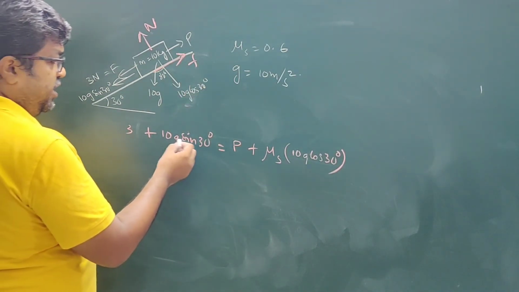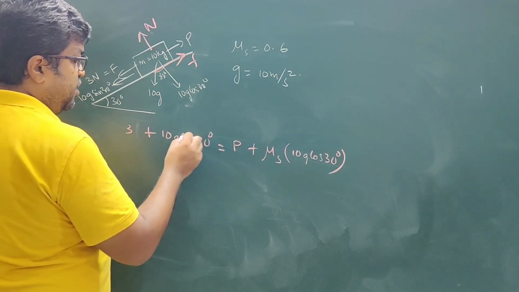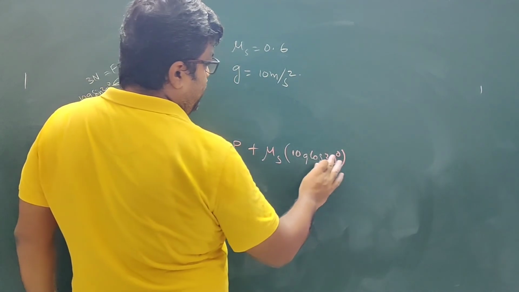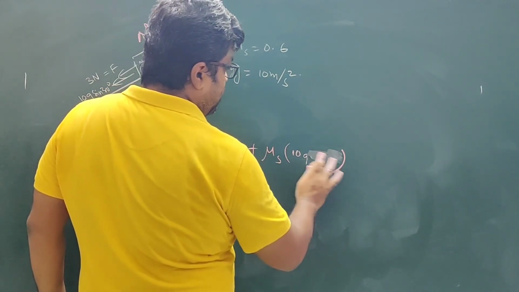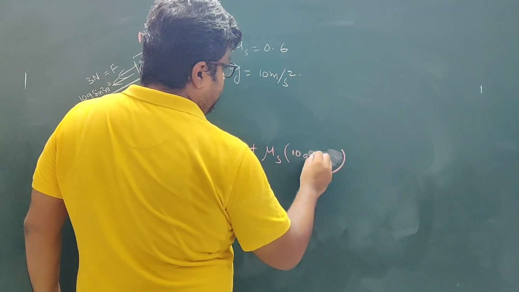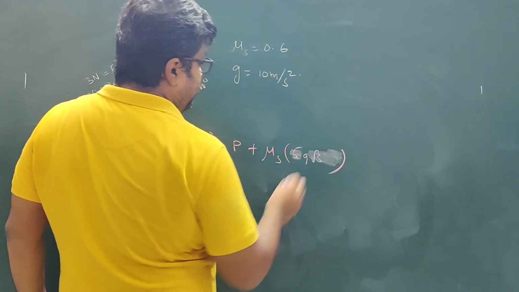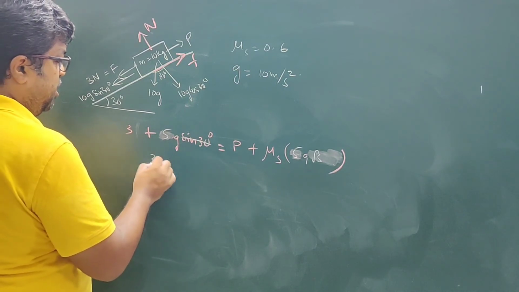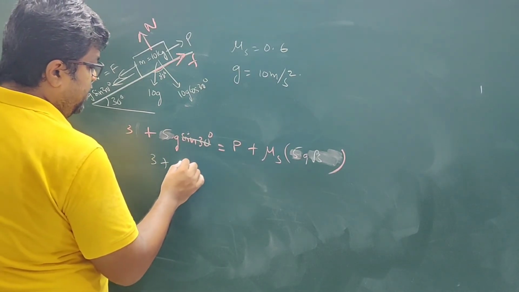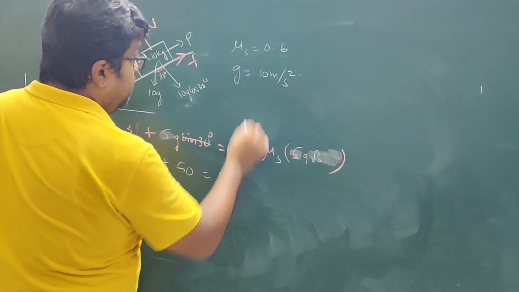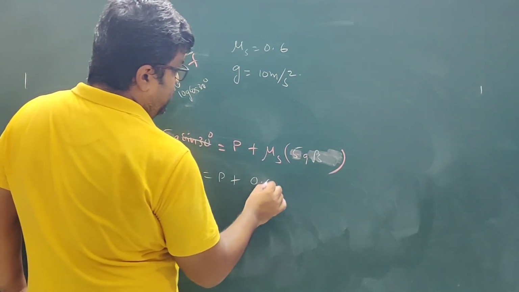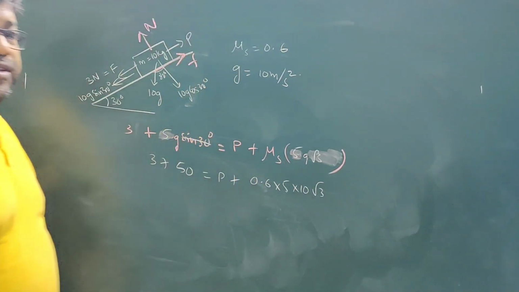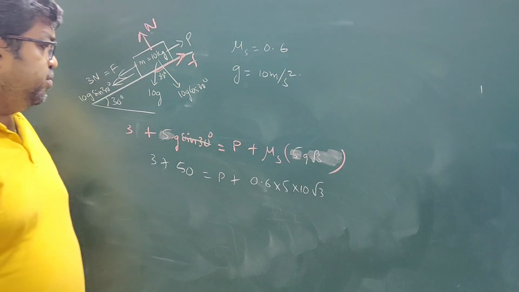So this is 10g sin 30 degrees. Sin 30 is half, so this becomes 5g, that is 50. Cos 30 is root 3 by 2, so this becomes 5 root 3 g. So 3 plus 50 is equal to P plus mu s times 5 root 3 times 10, with mu s being 0.6.